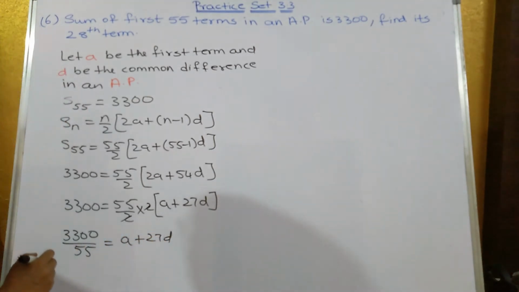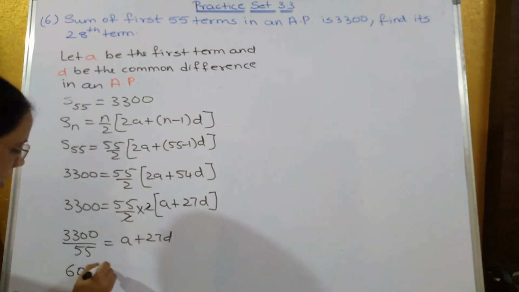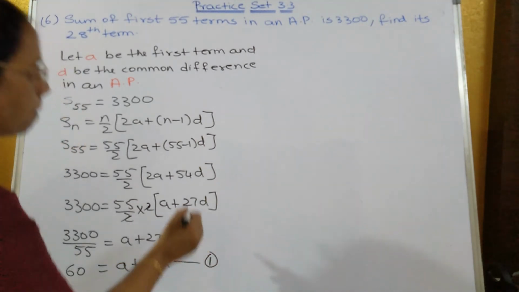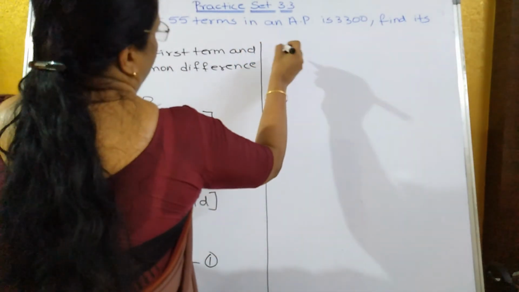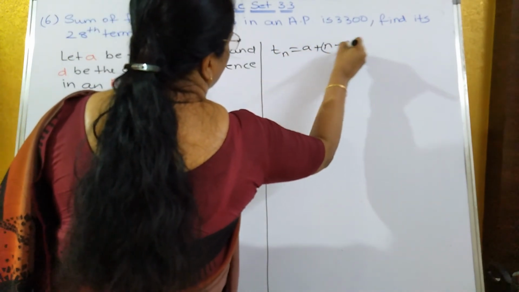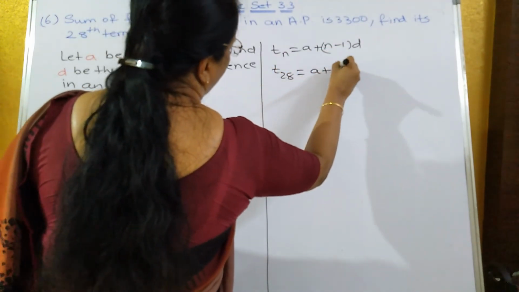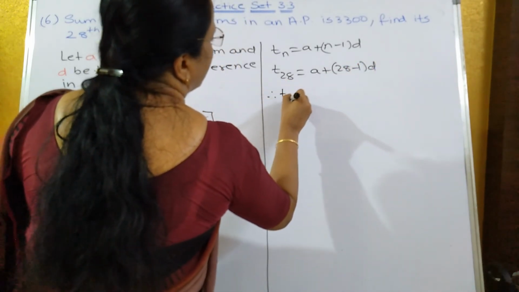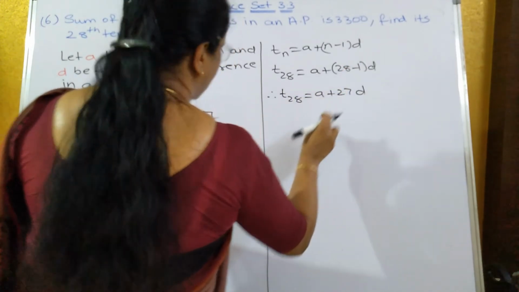When you divide 3300 by 55, you get 60 is equal to A plus 27D. Let this be 1. Now we will find the 28th term. So Tn is equal to A plus n minus 1 into D. T28 is A plus 28 minus 1 into D, which is A plus 27D.